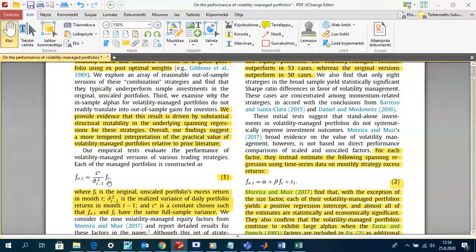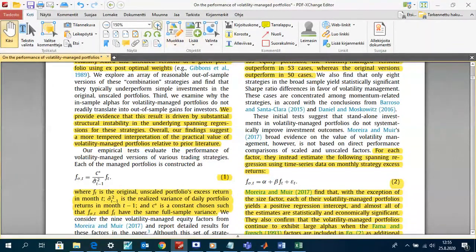We will go through different factors, especially the Fama and French risk factors, and implement a volatility managed strategy by dividing by a certain scaling factor an estimate or a forecast of volatility.